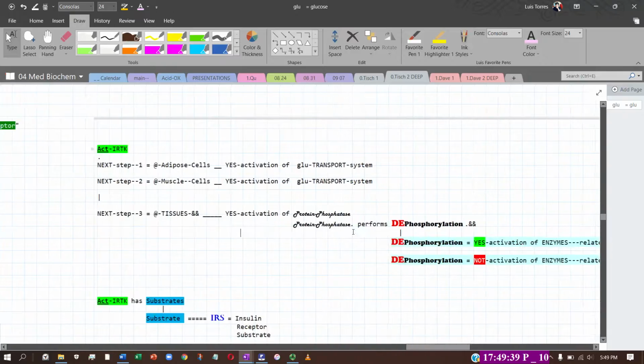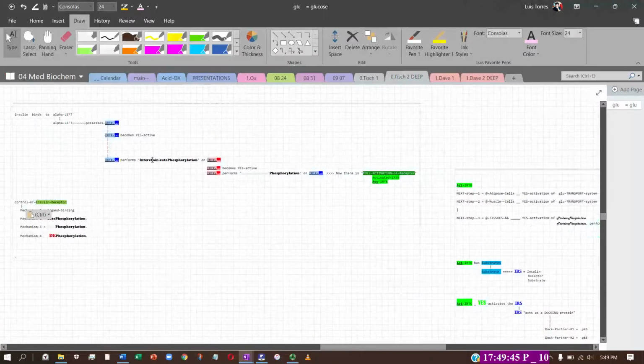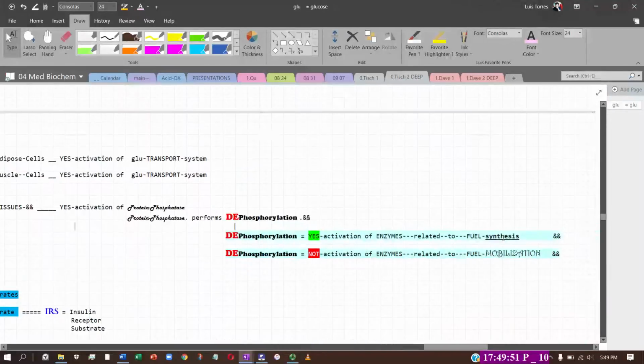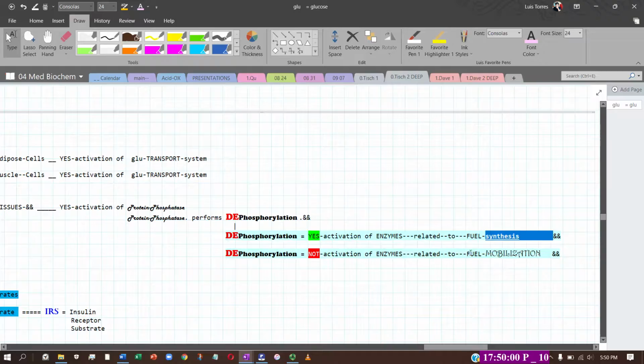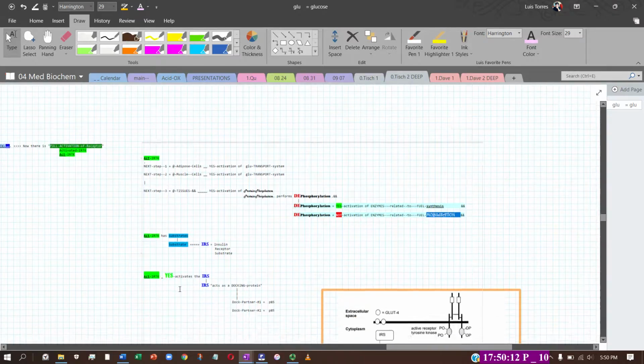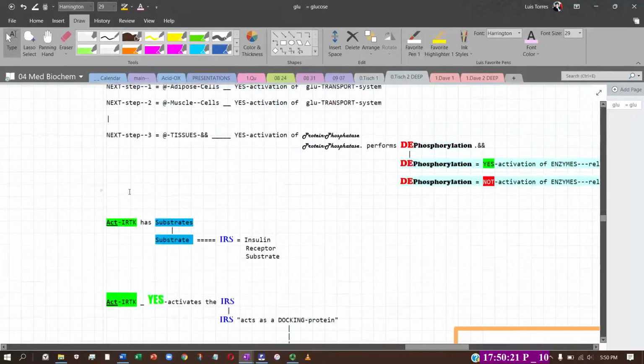When insulin has bound to the receptor and this downstream cascade started happening, it makes sense that you will want to activate enzymes that make fuel so you are able to put it in storage, and you take out of commission the enzymes that mobilize fuel, so they don't begin to eat away at the storage. Nice, very nice.